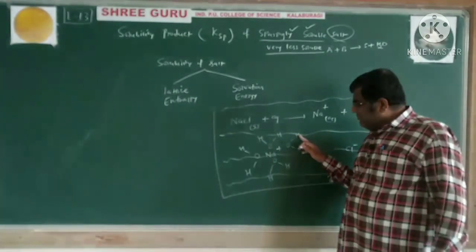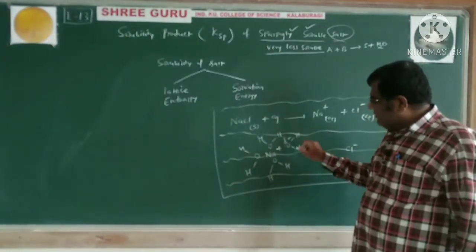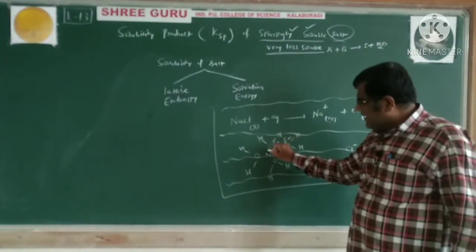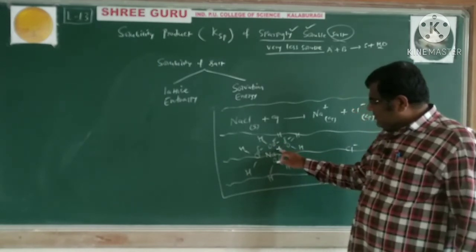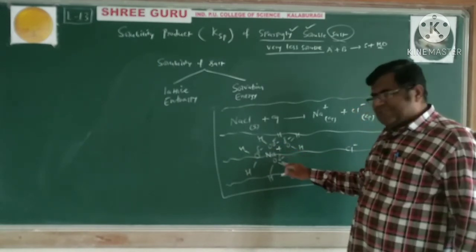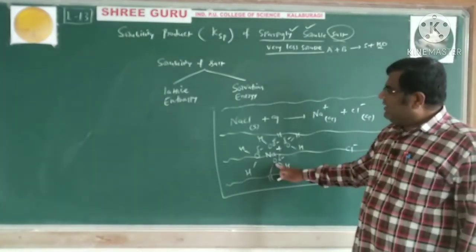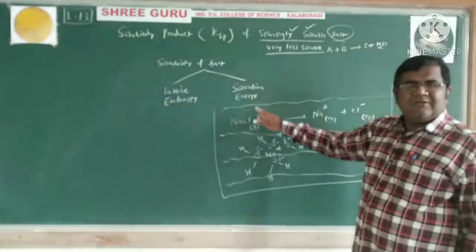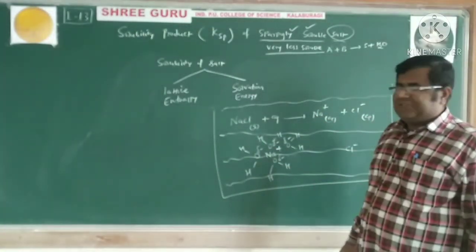Why? Because between hydrogen and oxygen, oxygen is more electronegative, so it carries a delta negative charge. So this positive charge and this negative charge get stabilized, and energy is released due to their stability, and that is called the solvation energy.